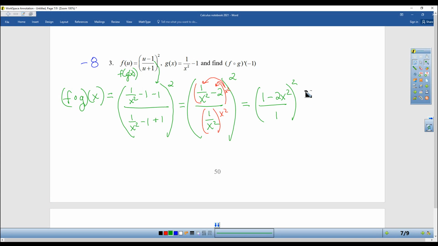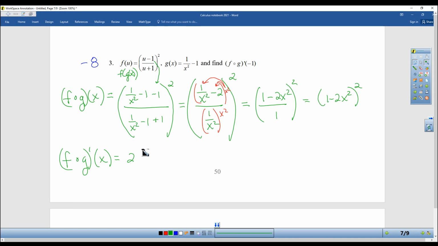Well, that was worth it. So now you have a decision to make. Do you want to FOIL that out and then do the derivative, or do you want to do chain rule? I personally would do chain rule, so that's what I'm going to do.